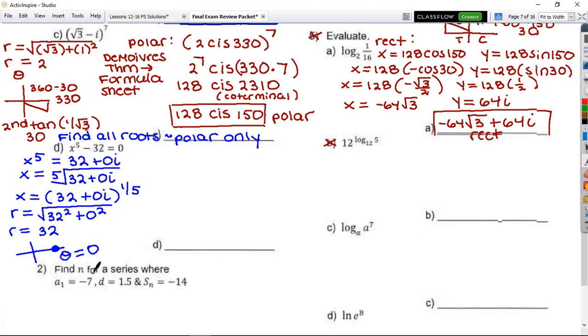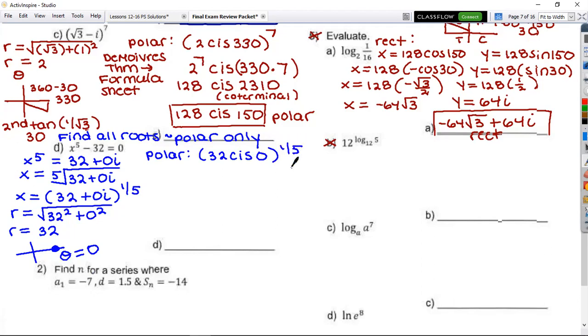So now I'm going to go up and I'm going to write it just like we did here, but raised to the 1/5 power instead. So your polar becomes 32 cos plus i sine of 0 to the 1/5 power.